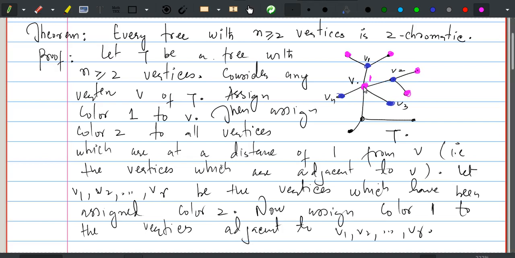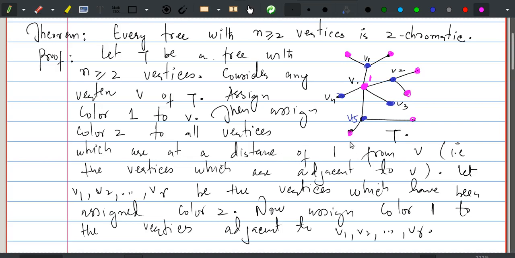This is already colored. Now v3 has no neighbor other than v. Similarly v4 has no other neighbor. Actually we have missed this vertex, so this is vertex v5. We have to color the neighbors of v5 with color 1.